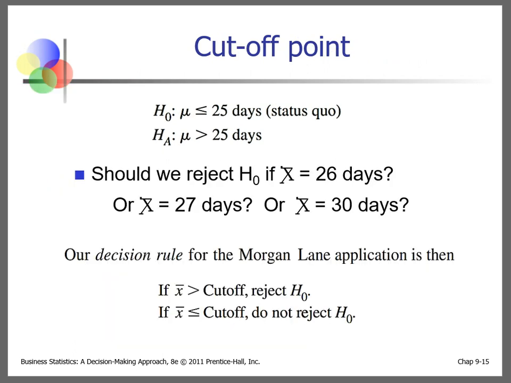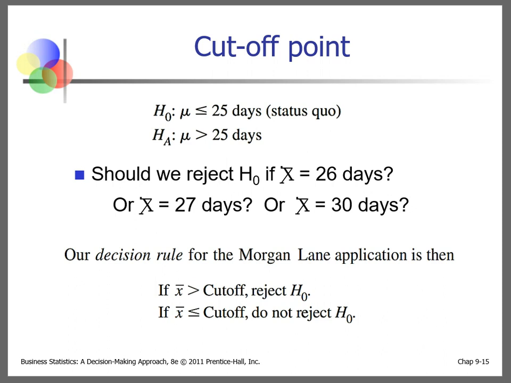In the Morgan Lane example, the null and alternative hypotheses were formulated as this. Values of less than or equal to 25 days would tend to support the null hypothesis, and by contrast, values greater than 25 days would tend to refute the null hypothesis. The larger the value of the sample mean, the greater the evidence that the null hypothesis should be rejected.